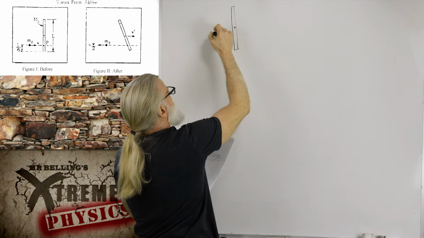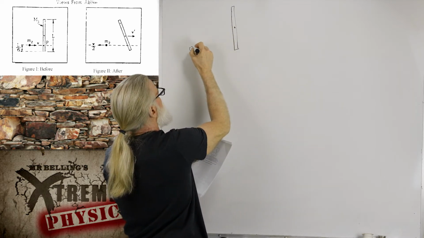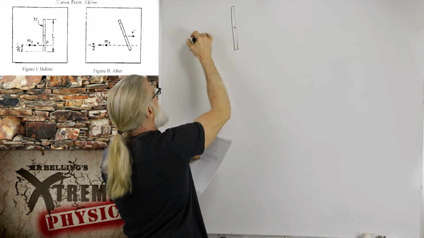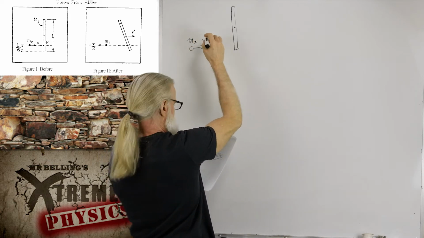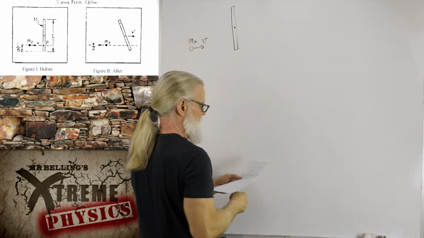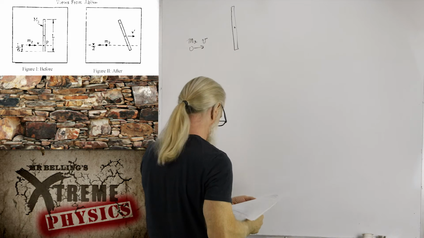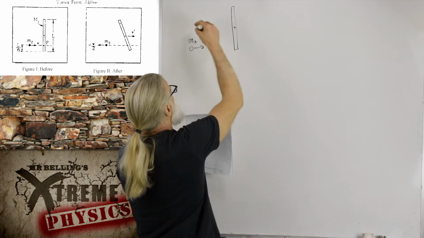I'm going to set up a coordinate system. This is m2 and v. I'm going to set up the coordinate system right about the center, because everything's going to happen around the center.